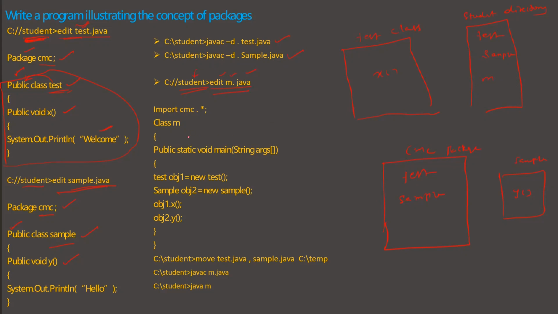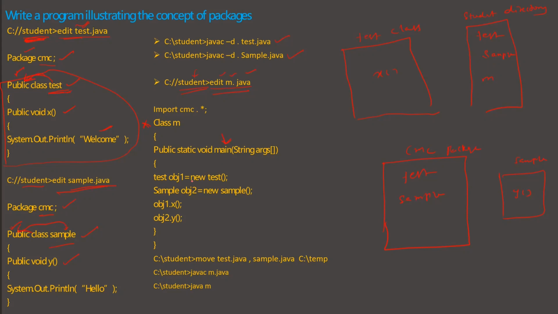Here there is a main method present, so there is no need of specifying it as public. Main method is not present in Test, so it should be declared public. Main method is not present in Sample, so it should be public. But main method is present in M, so it should not be taken as public.